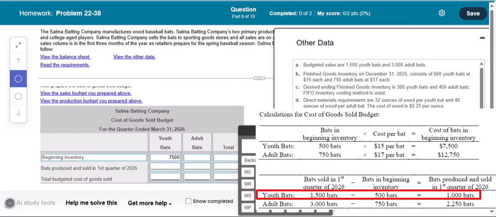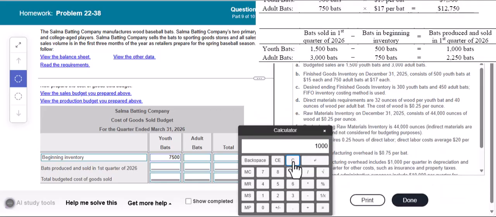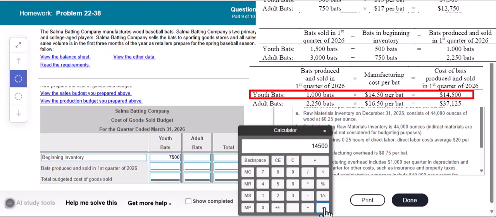So we'll go ahead and clear this out and then input 1,000, and we multiply that by $14.50. And that is going to give us 14,500 for the youth bats produced and sold in the first quarter of 2026.